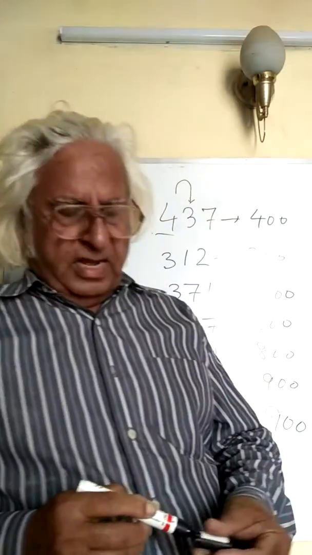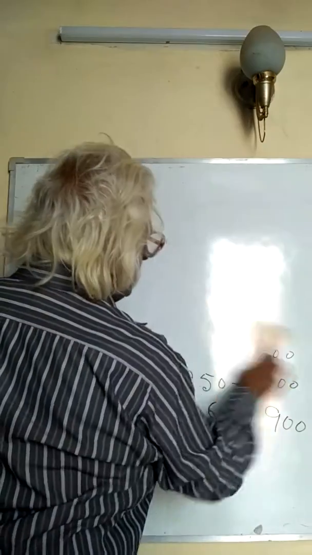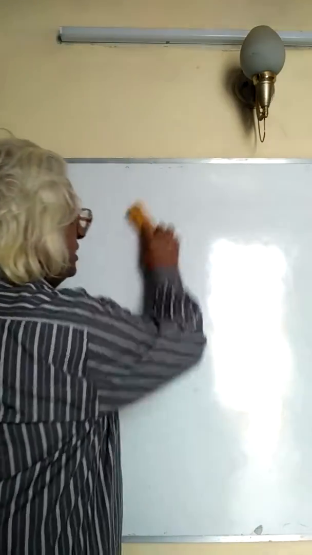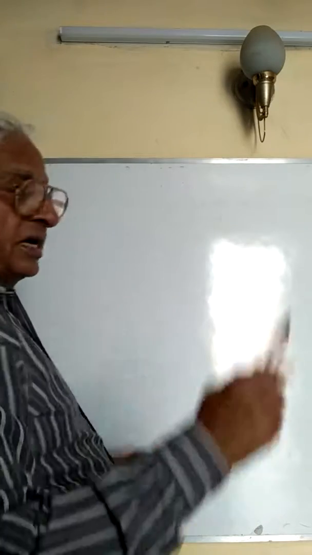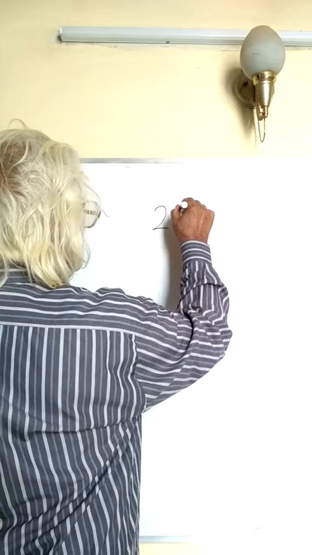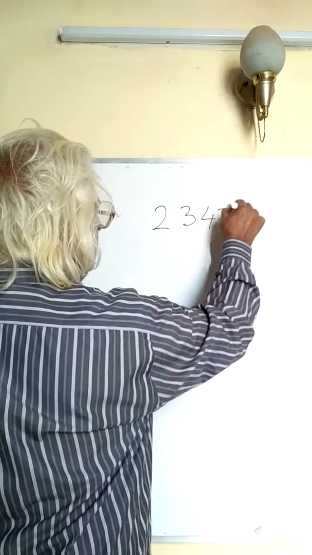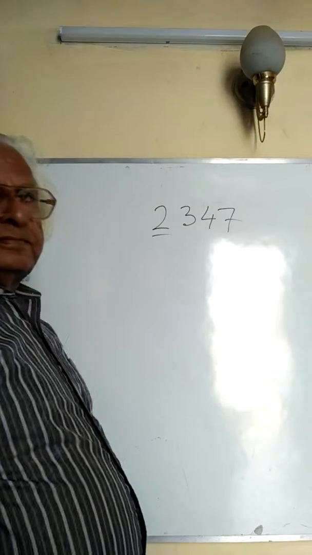Again, if you are asked to round off a given number to the nearest 1000, then you have to examine that digit accordingly. For that, you will see the digit. You have to locate your digit. Say, for example, it is 2,347. Now, what is my number? My number is this.